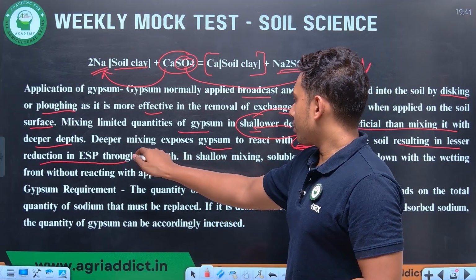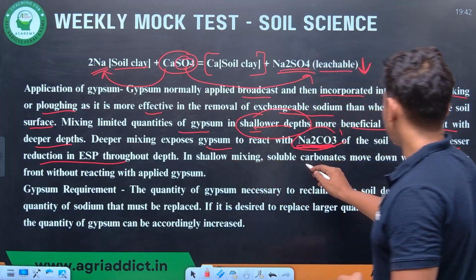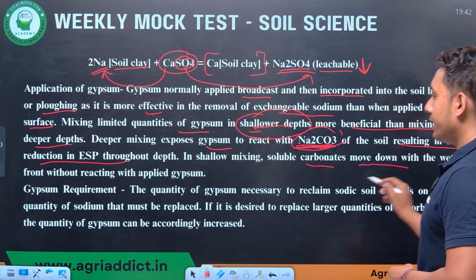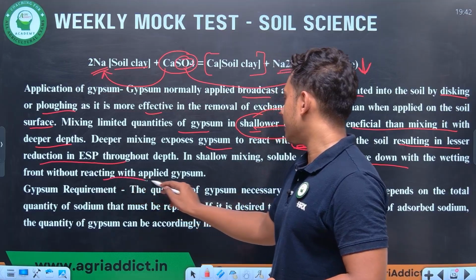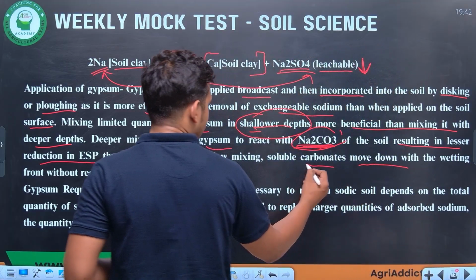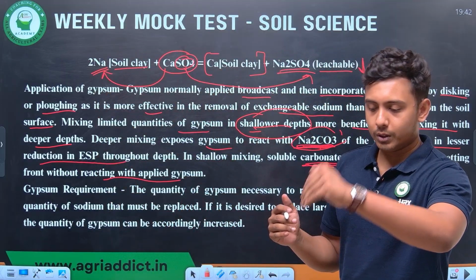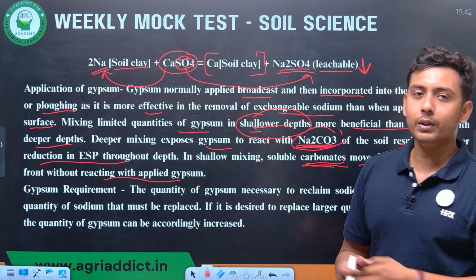So the reduction in ESP throughout the depth will be less. In shallow mixing, soluble carbonates move down with the wetting front without reacting with applied gypsum. In shallow depth, the soluble carbonates, any kind of carbonates, can move down, so they will not react with gypsum.